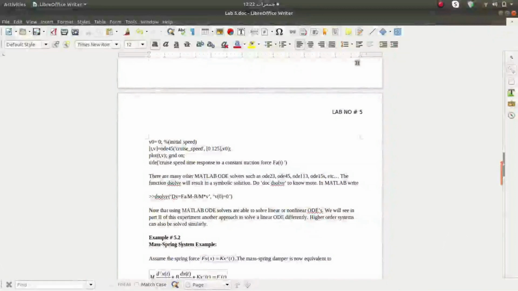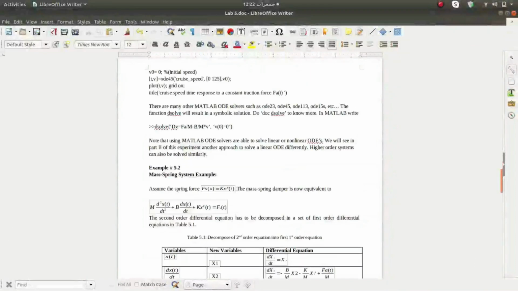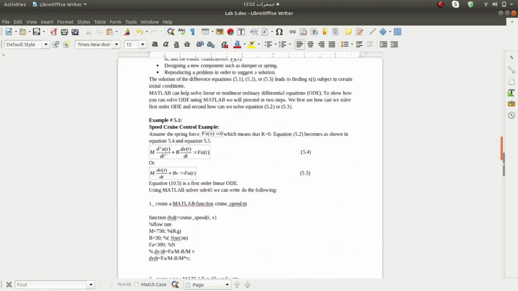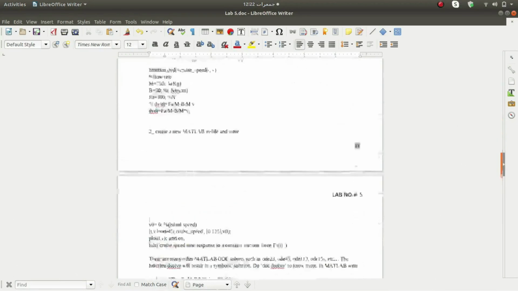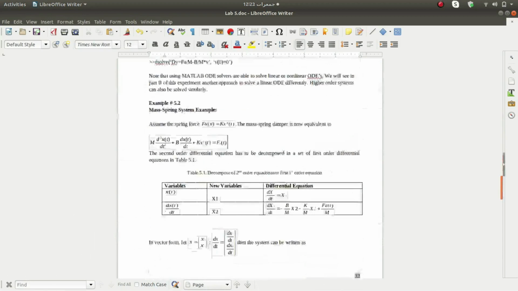Now we will discuss the second example, the mass spring example. From the same equation, for the non-linear one, we have equation number 5.4, you can see. So from equation 5.4, now we are solving a mass spring system, which is a second order differential equation.